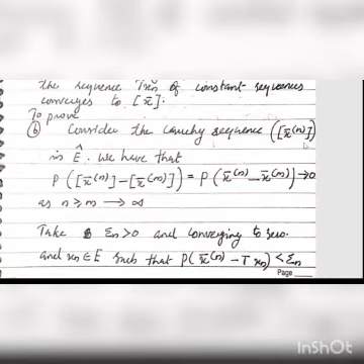Now consider a Cauchy sequence. See here the notation is x bar n. Generally we will write x bar with n as a subscript, but in this textbook it is given as a superscript, so I am following the same thing. So consider the Cauchy sequence x bar n in E hat.